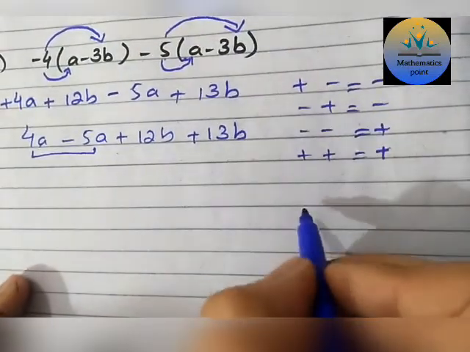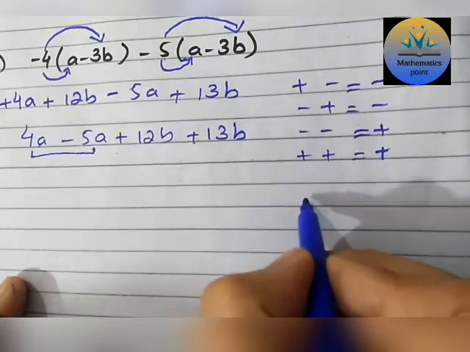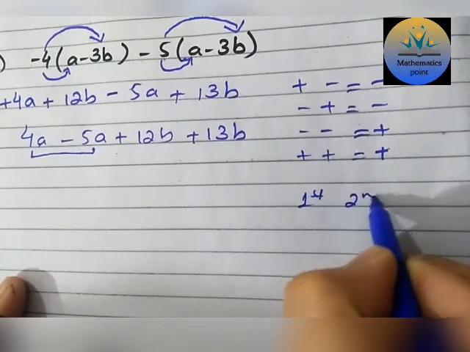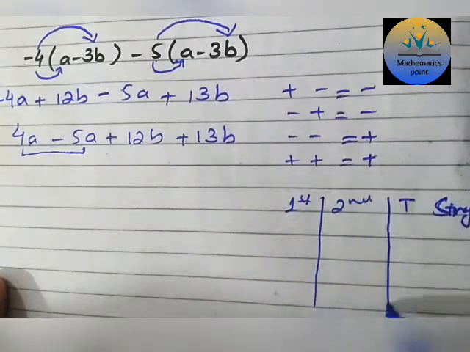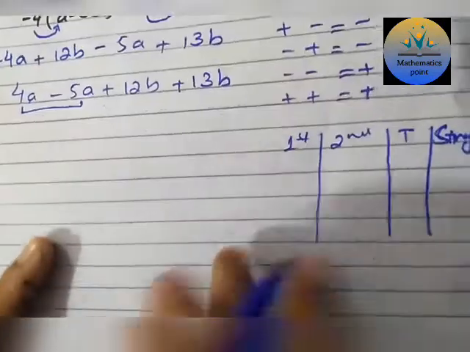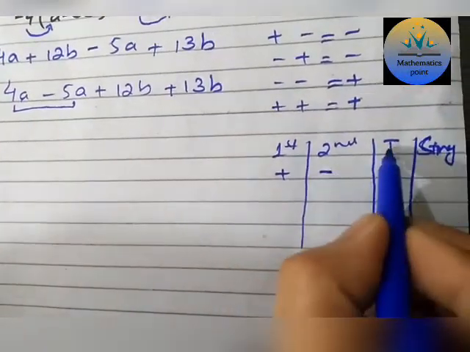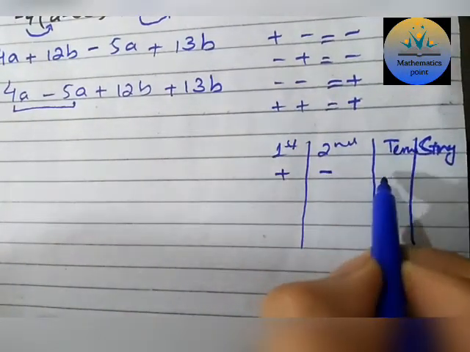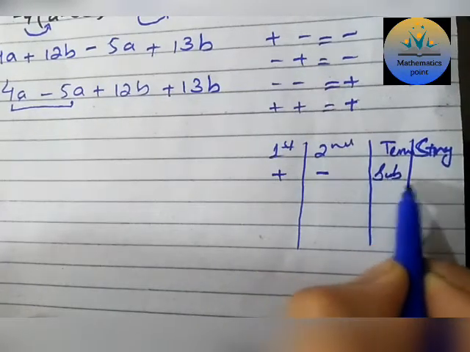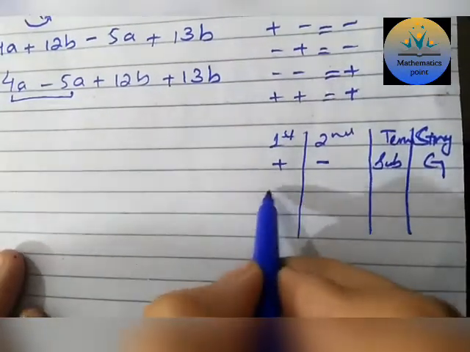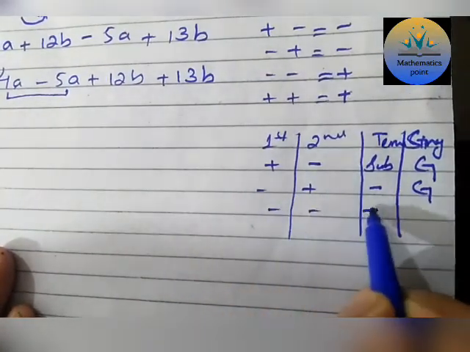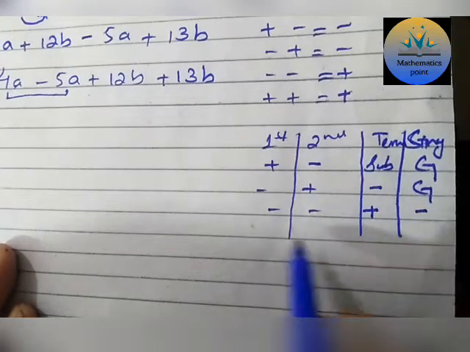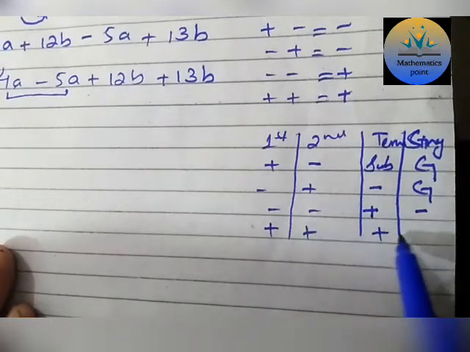Okay, in addition, I just make the table again for you, here the term and here the sign will go. Okay, plus minus, T stands for terms. Terms will be subtracted and the greater term sign will be kept. Then minus plus, terms will be subtracted and the greater term sign will become minus. Minus minus, terms will be added and the sign will remain minus, or plus plus, terms will be added and the sign will be plus.